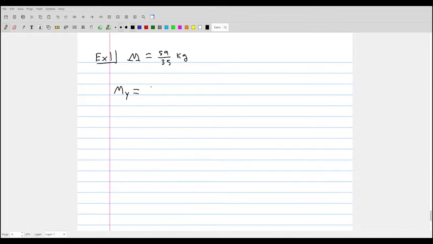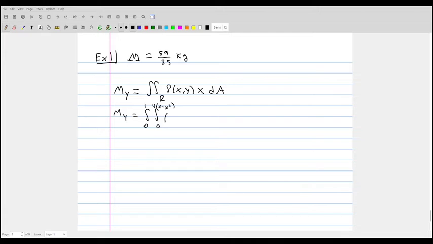So the y moment is the double integral over this region of the density function times x. Our bounds remain the same, since we only have to figure out the bounds once because the region R is staying the same.